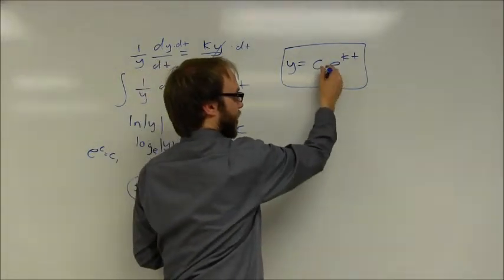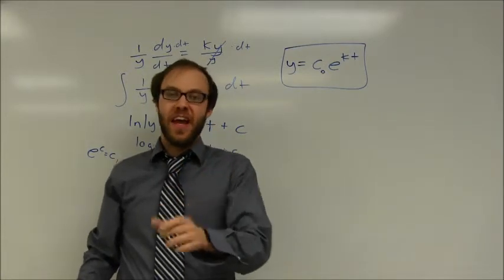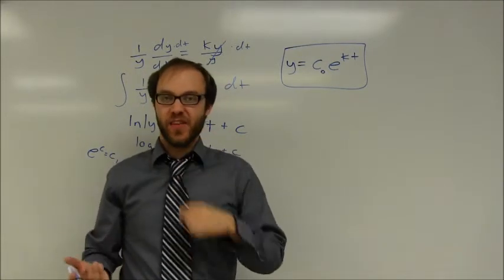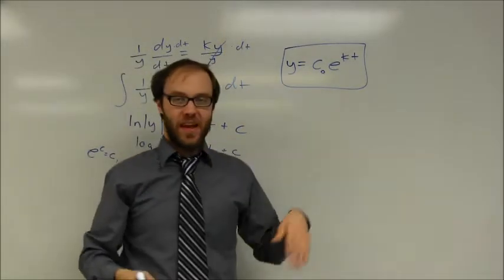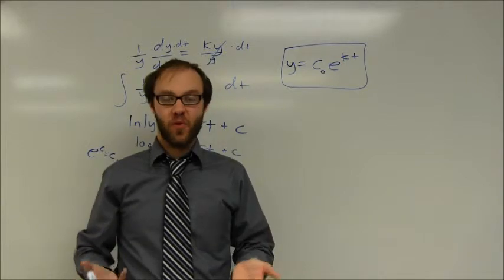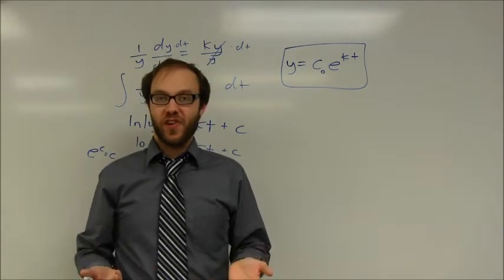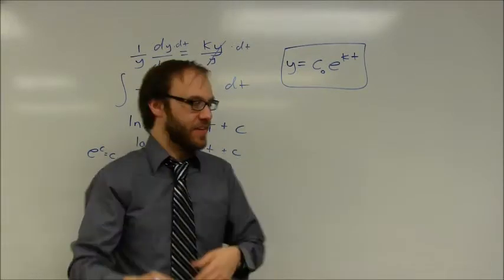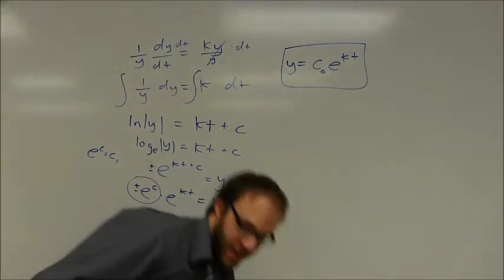Now in your book, they're going to write that as a c sub 0 because that's an initial value there. And that's why they ended up using that notation instead of using the c1 that I used. Again, if you're not asked to show that formula or to derive it, you can jump straight to using that formula, although in a lot of cases you're going to have a function that's maybe slightly different than what you began with, and as a result, you're going to need to know how to go through the entire process.